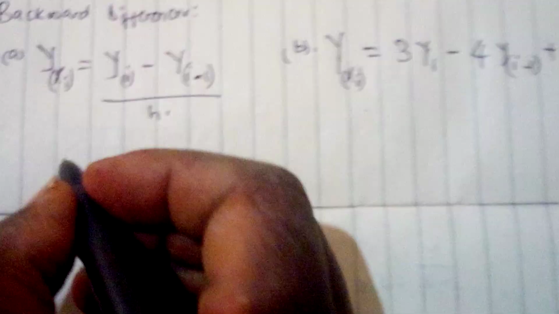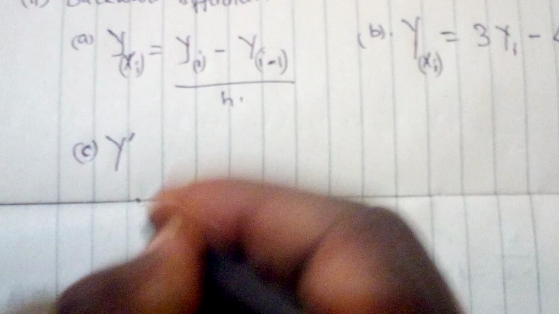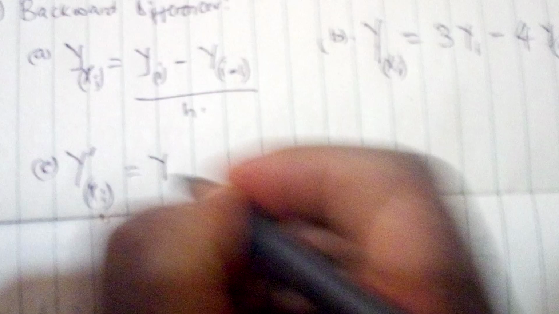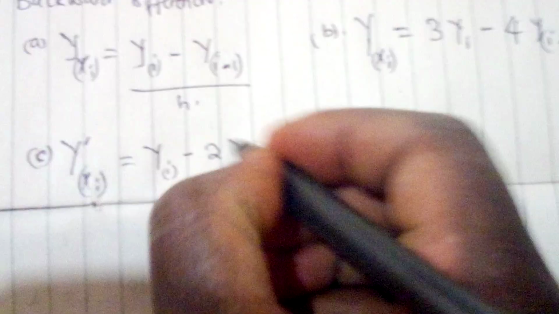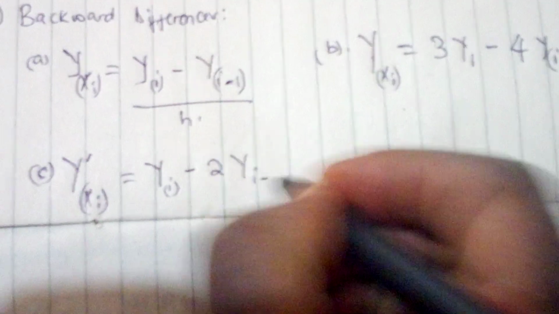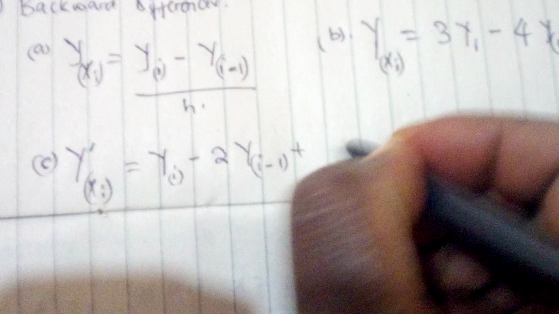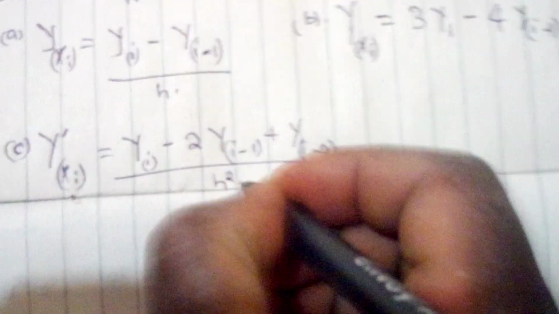Okay, then we have C, which is y double prime xi is equals to y i minus 2 y i minus 1 plus y i minus 2 divided by h squared. Then we have the last one for backward difference.